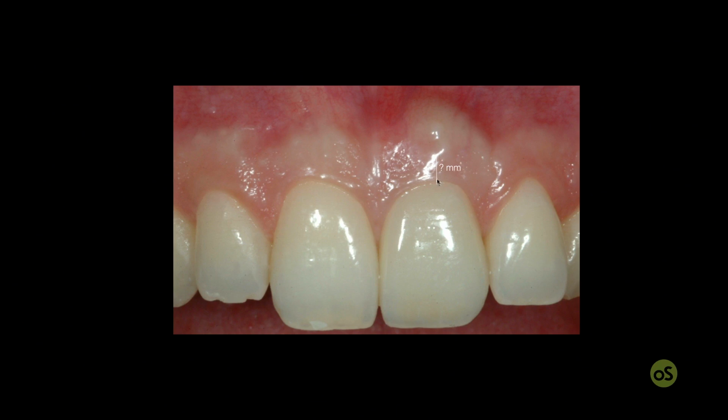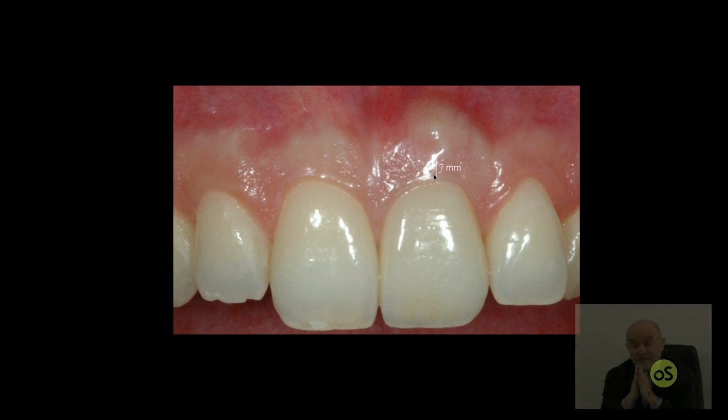In this 3.5 millimeters, the only thing that can protect this implant-supported crown from gingival recession is not the bone, because the bone starts 3.5 millimeters more apical.